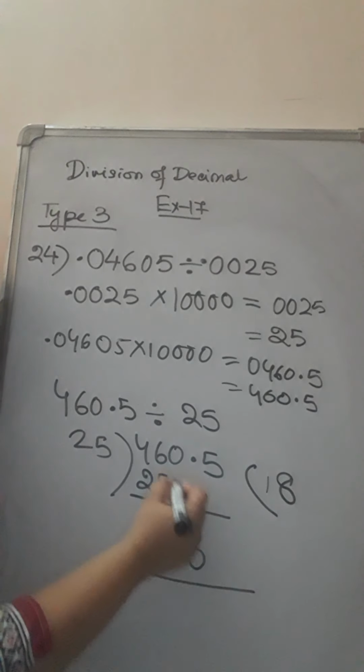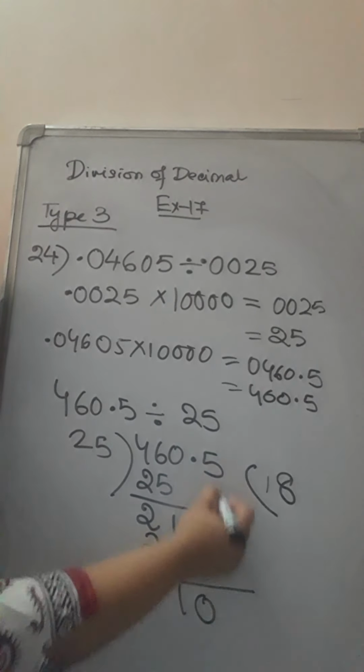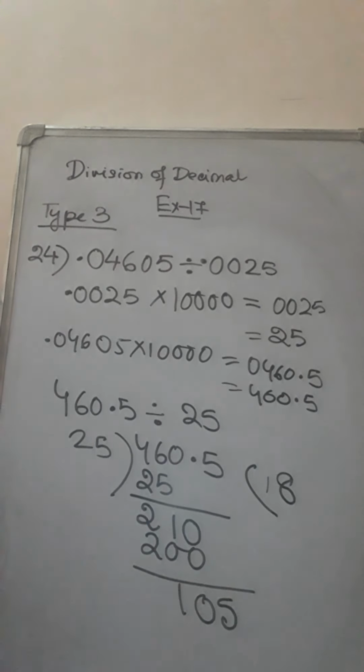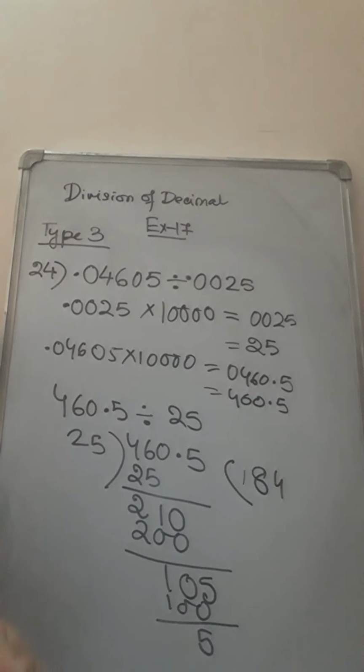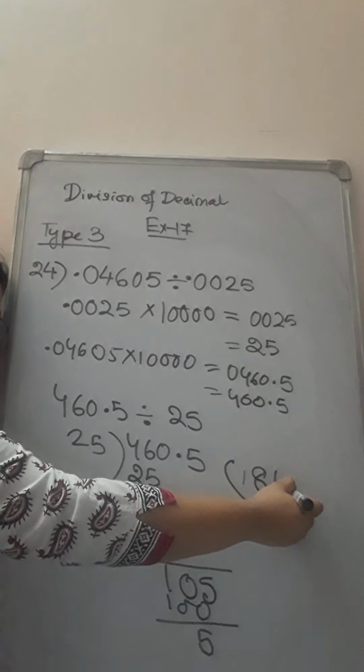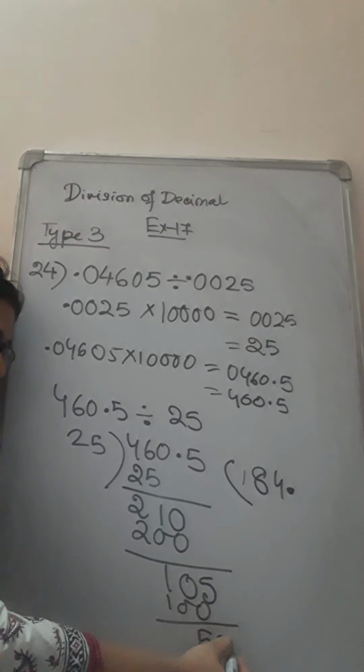Then what is remaining? 10, and take down 5. So 25 into how much gives you 105? It doesn't give. 25 fours gives you 100. So 5 is left. Now 5 cannot be divided by 25, so we take a point over here and take 1 zero down.